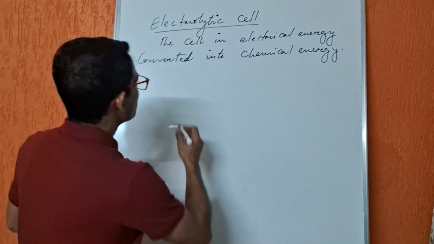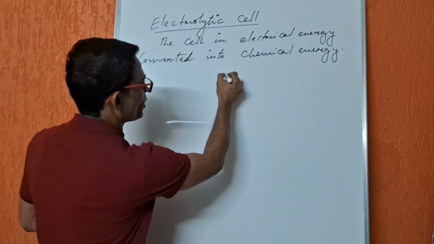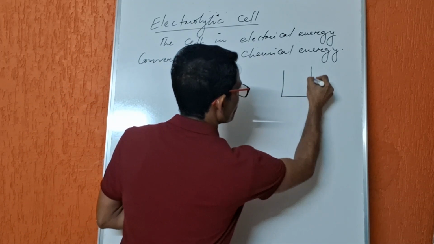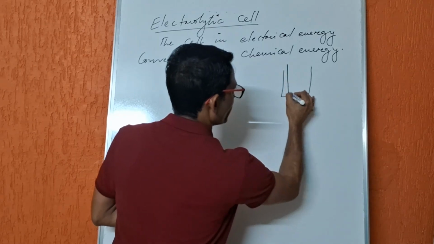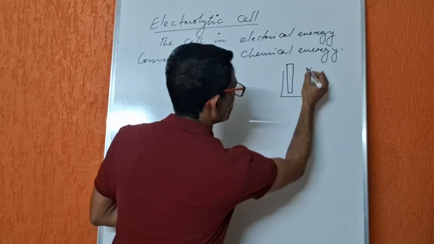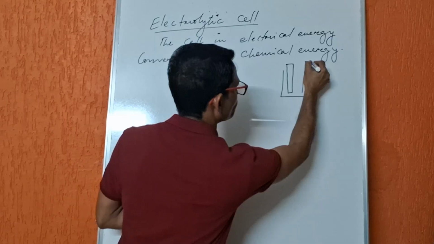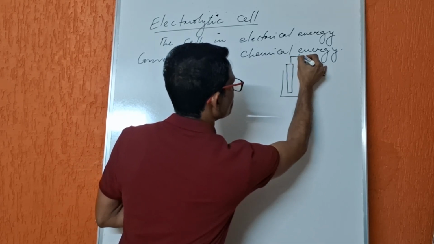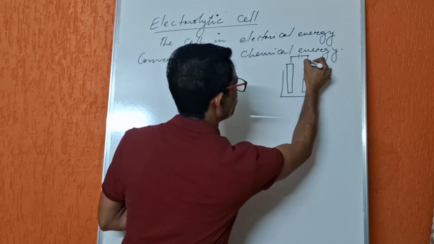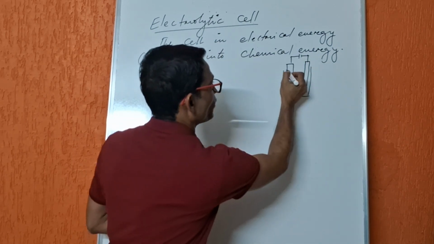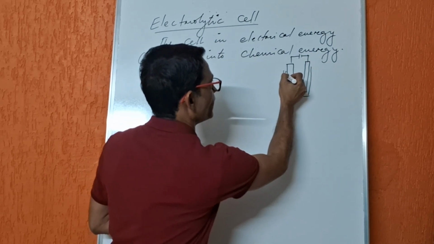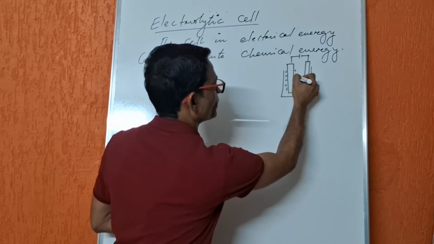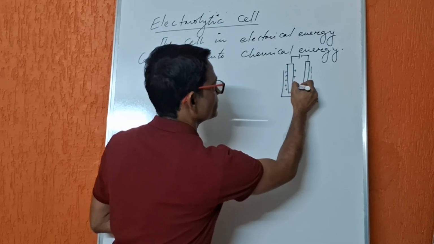is the construction of drawing of electrolytic cell is like this. The anode, and here it is cathode. Anode is positive for the electrolytic cell.